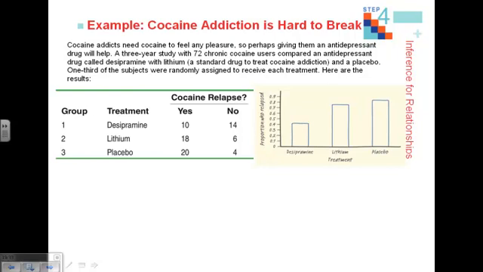So here's our new treatment. And we want to know, does it do better than known treatments, like lithium? Does lithium actually have an effect? Does lithium do better than just giving someone a placebo? So here's what we have. We've got a total of 24 people who are going to be given disaspramine.